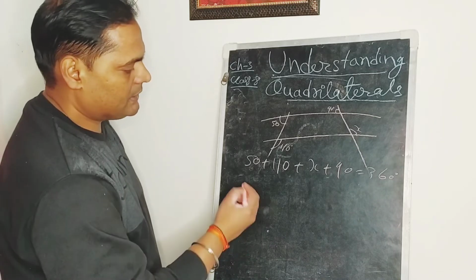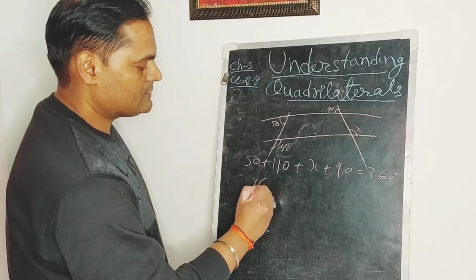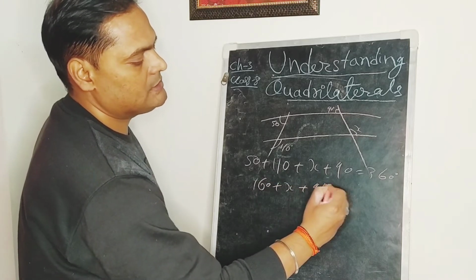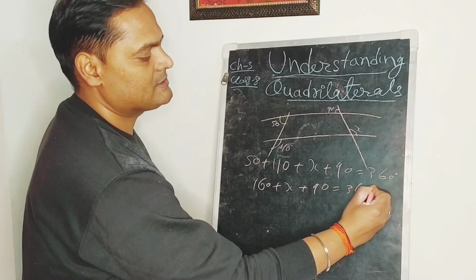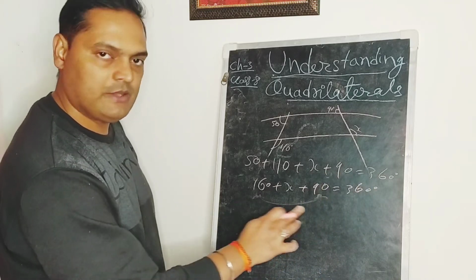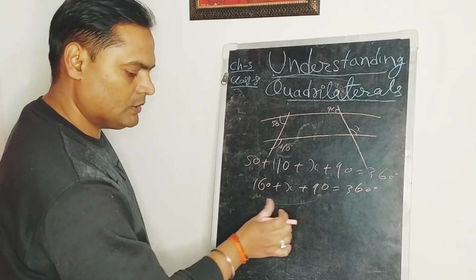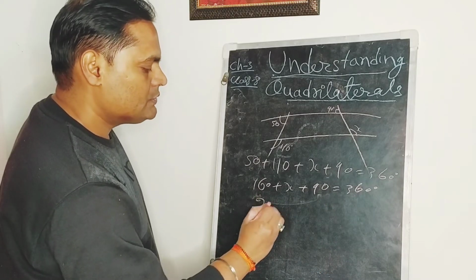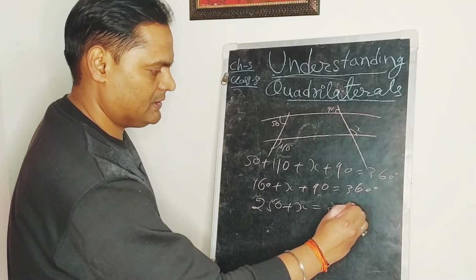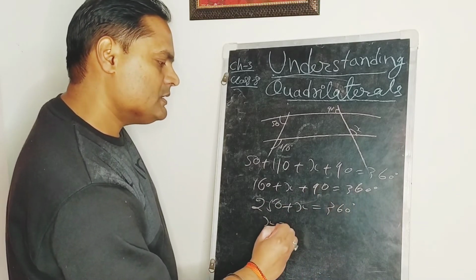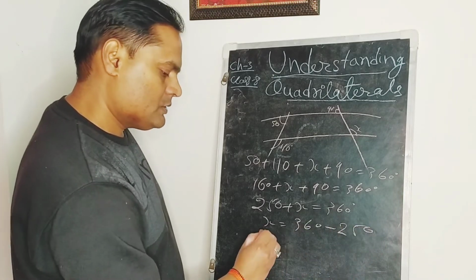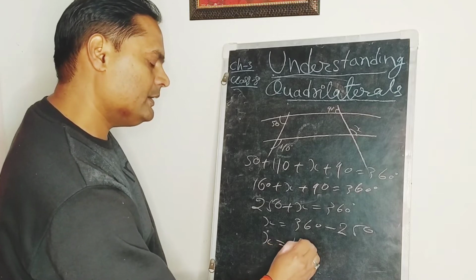Let's calculate once again: 160 plus x plus 90 equals 360. Now we add the two non-variable figures, which gives 250 plus x equals 360 degrees. So x equals 360 minus 250, so x is equal to 110.